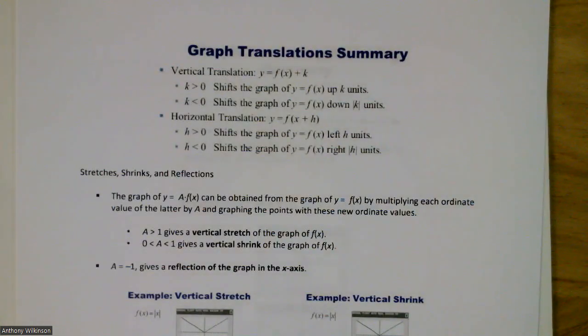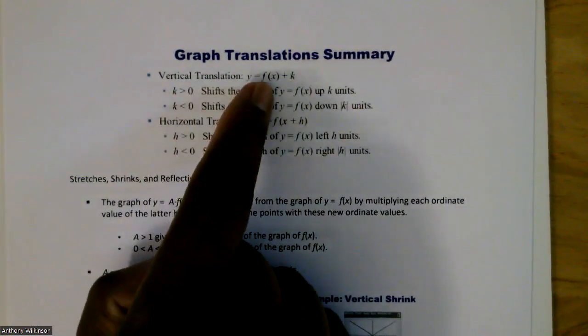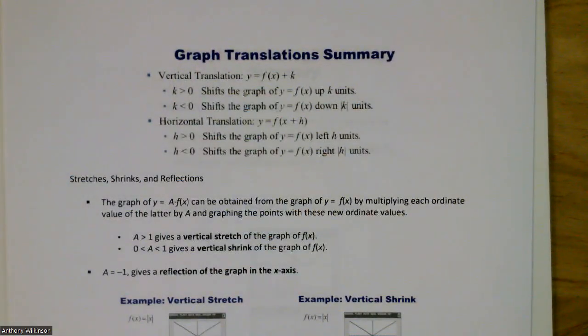Now here's a summary of the graph's translations, as you can see here. Pretty much a vertical shift will look like this, and if k is positive, you're going to shift upward k units. If k is negative, that means you're going to shift downward the absolute value of k units.